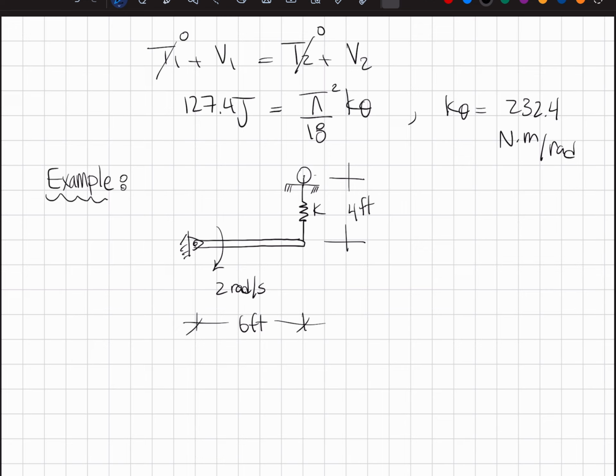We are given this bar, this beam or pendulum. It has a weight of 50 pounds. At the instant that you're looking at, it is being rotated with an omega of 2 radians per second.